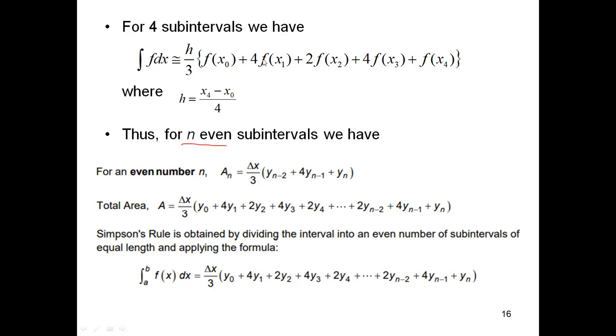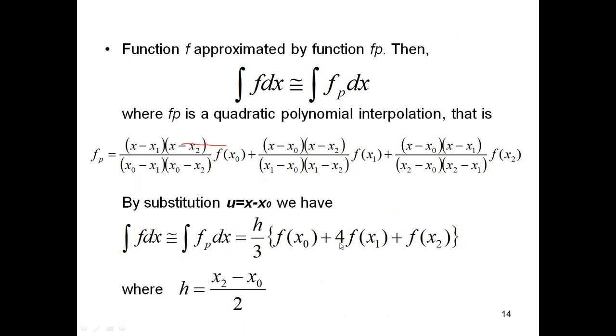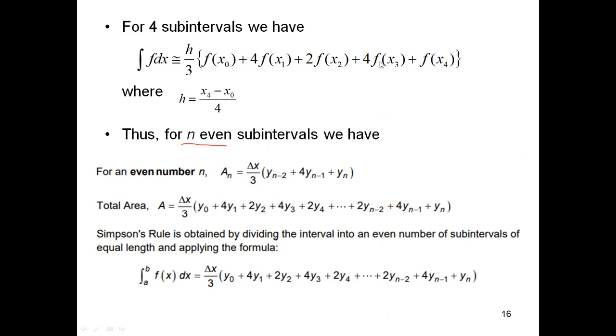The second term and the second to the last term should have multipliers of 4. If you only have 3 terms, the middle term, just like in here, should have 4. If you have 4, you should have an alternate of 4, 2, 4.